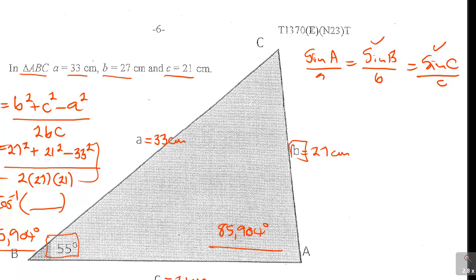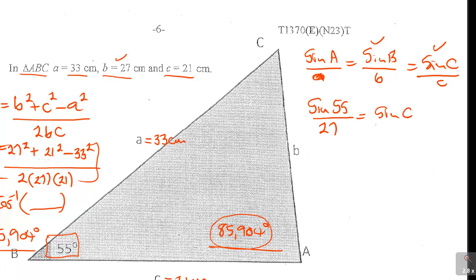So I can take these two together. Why am I using B? Because I'm already given B. I'm not going to rely on my answer. Sometimes using a wrong answer will mean a wrong C. So try to use the values that you're already given. So it will be sin B, which is 55, over side B, which is 27, is equal to sin C over side C, and side C is 21.